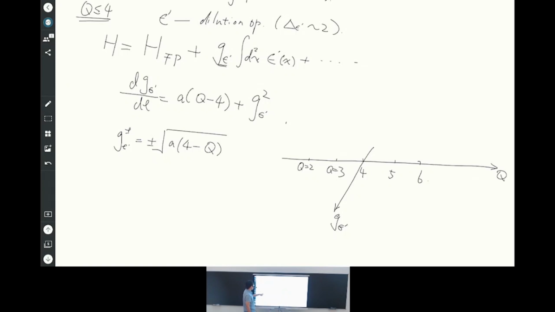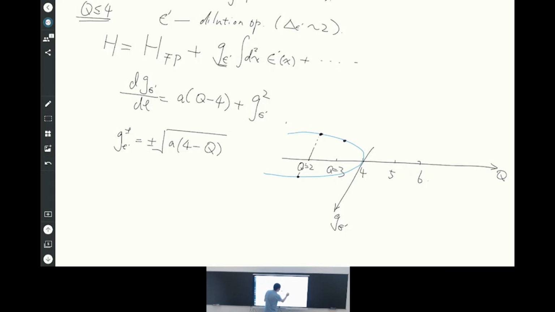And you see, as a function of Q, this is the two branches of the fixed point in the parameter space. We can just plot them like this. And for the integer case, you can define a fixed point here, here.